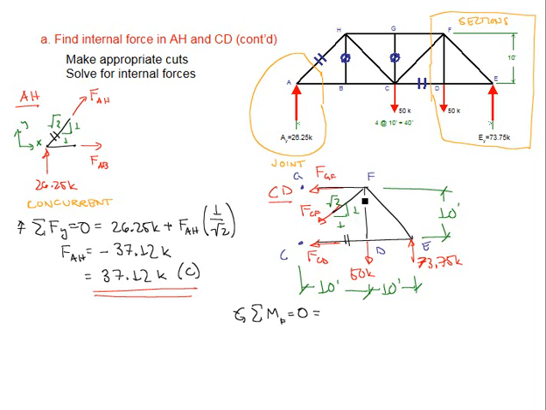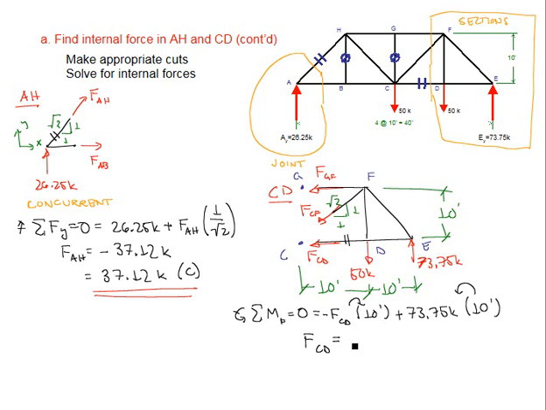So if we're now summing moments about point F, we have the force in member CD times a distance of 10 feet, tending to rotate it clockwise, so that's a negative value. The 50 kip force also passes, its line of action passes through joint F, so it does not have a moment, and we have our 73.75 kip reaction, force times a 10 feet perpendicular distance to that point, tending to rotate it counterclockwise, a positive value.